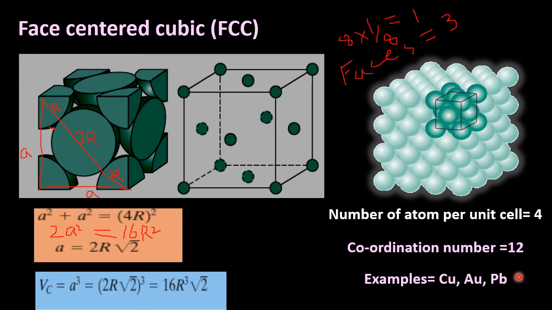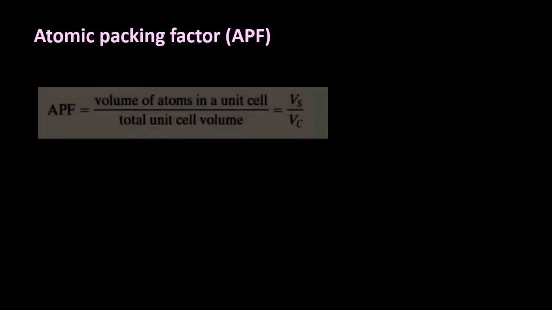And examples, I have already told you that copper, gold, lead, aluminum, all these are face centered cubic crystal structures. Another important factor is called the atomic packing factor, which can be represented by APF.